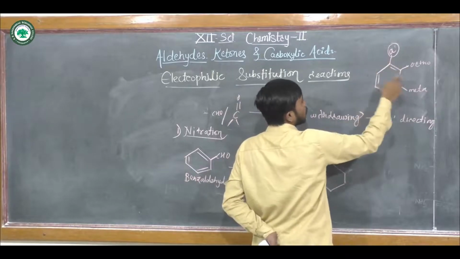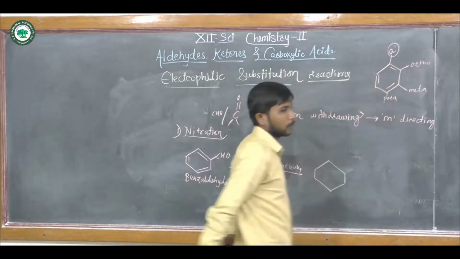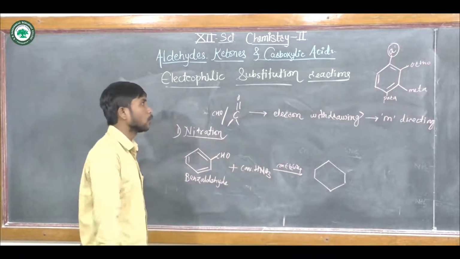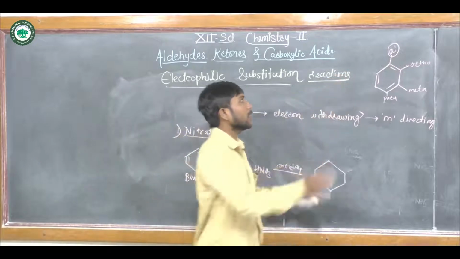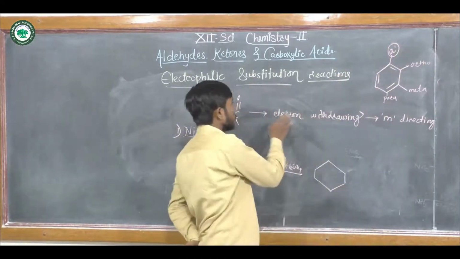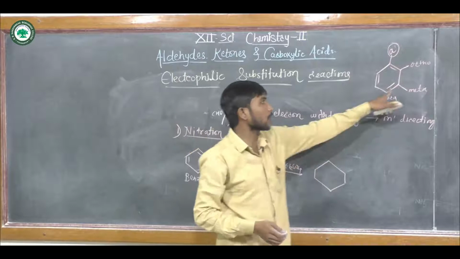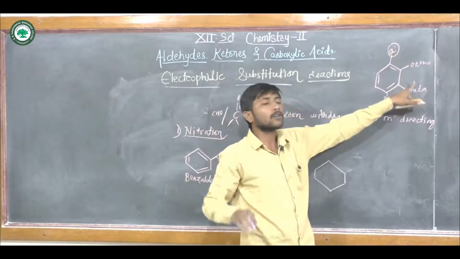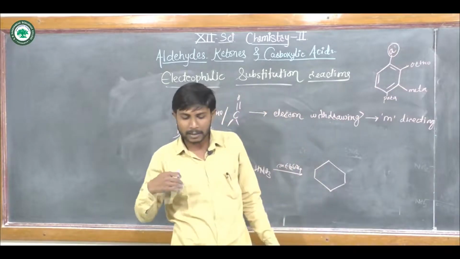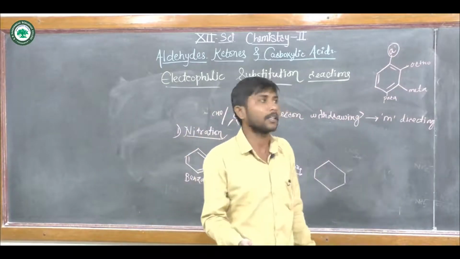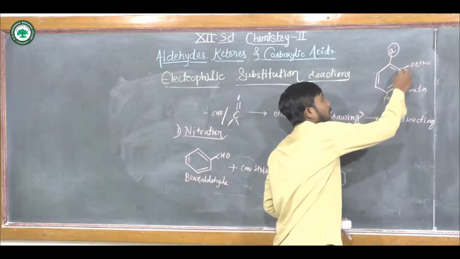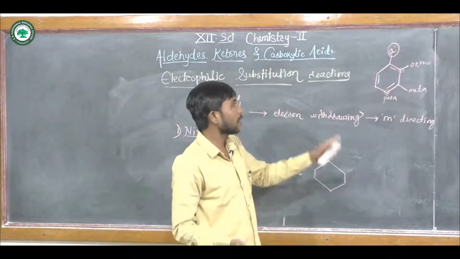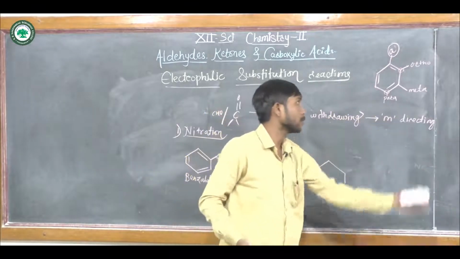If the substituent group present on the aromatic ring is electron withdrawing, then the product will be meta directing. If that A is electron donating, meaning it shares electrons to activate the ring, it will activate these two sides, and the product will be a mixture, one ortho and another para.